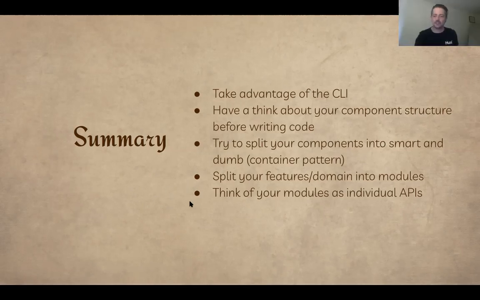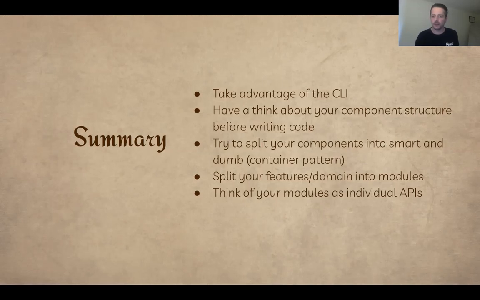Split your features and domain into modules. This again is something we'll probably start touching on in some of the low-level architecture stuff, which is basically when to split. You want your splits to generally be on your big business things, like different high-level modules for each business area, and then within that you might also have smaller technical modules for things that aren't really related to the domain.